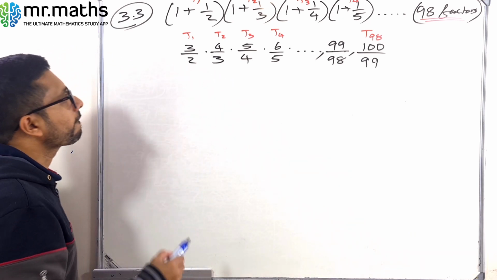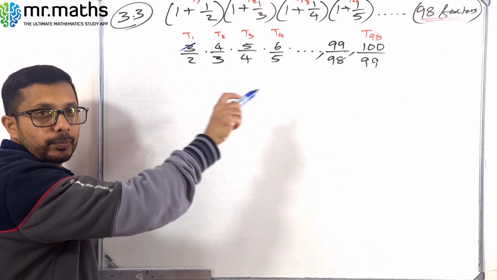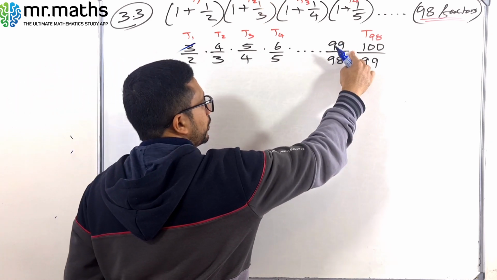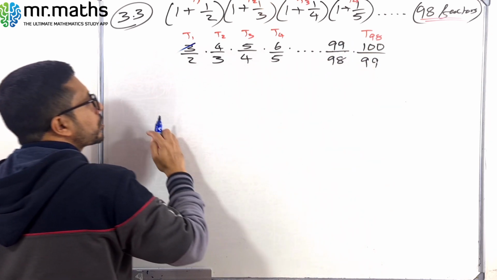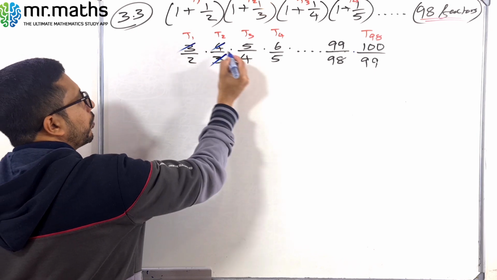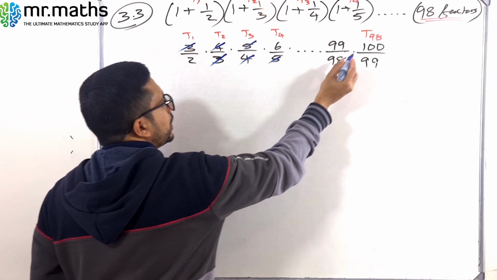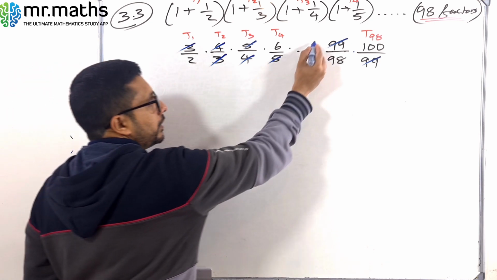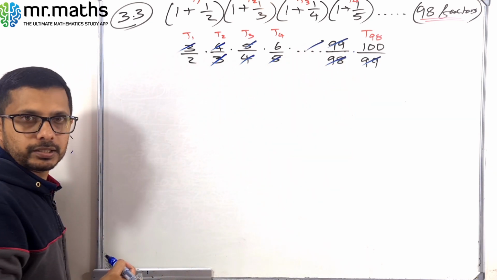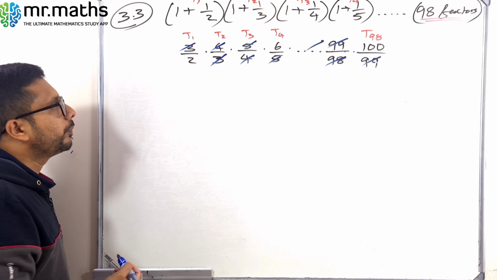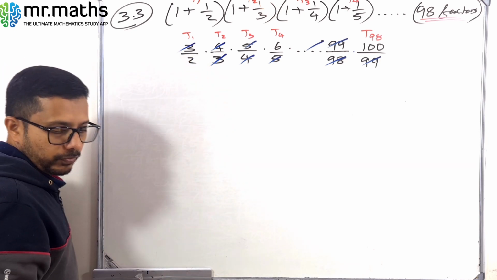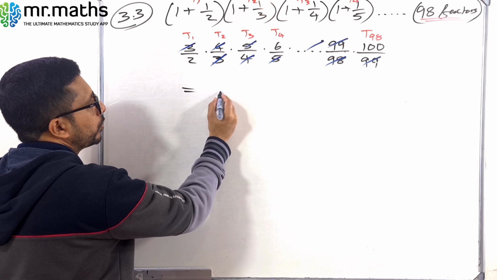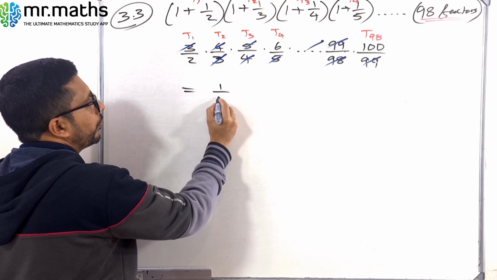Now this is the story. All of these are multiplication, am I right? It's not a comma, it's multiplication. So here 3, 3 cancel, 4, 4 cancel, 5, 5 cancel, similarly up to 99, 99 cancel, and this 98, 98 also will cancel. So on the denominator, what's remaining is 2, or let me write 1 over 2 remaining.